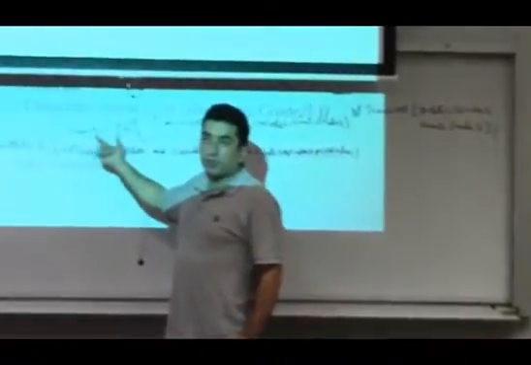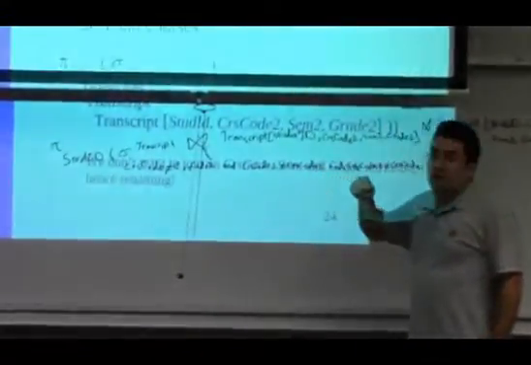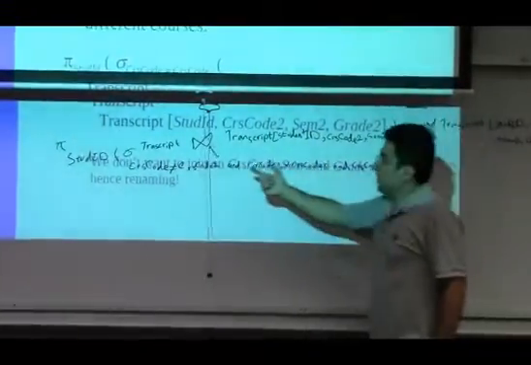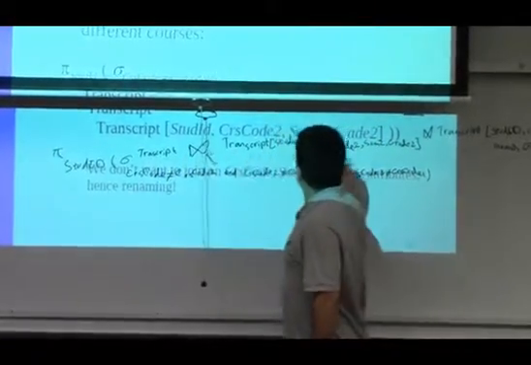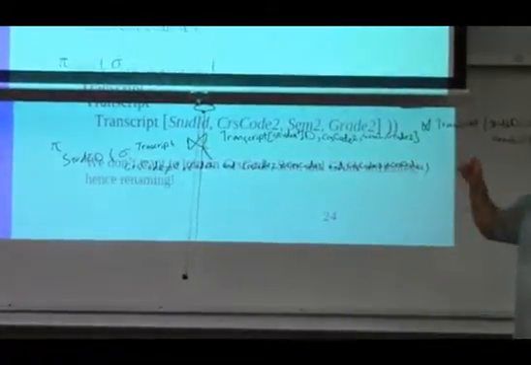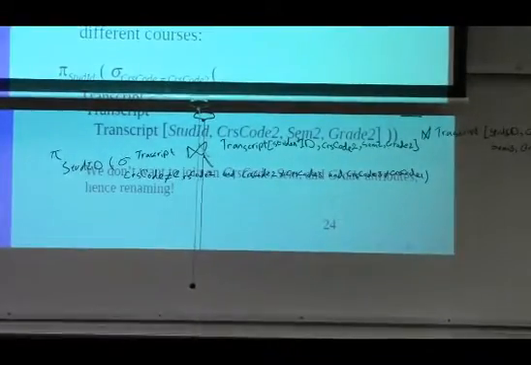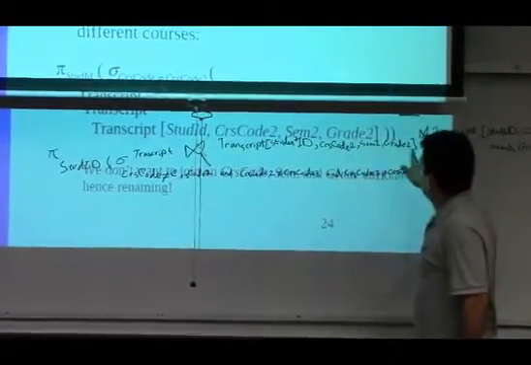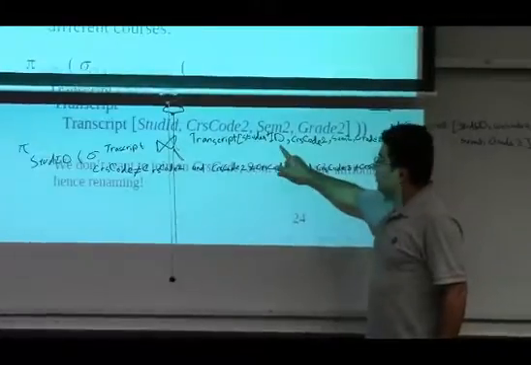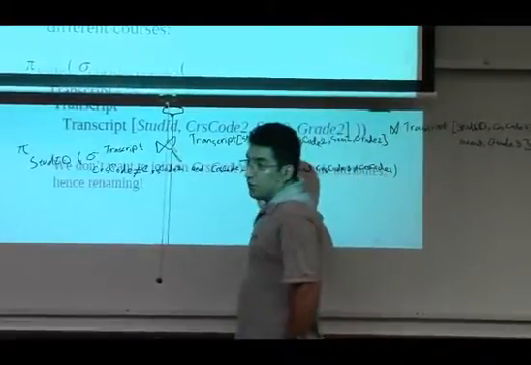In order to compute the students who are taking at least 3 courses, what we did was use transcript 3 times, natural join to itself with different names of the columns, natural join on the student ID.